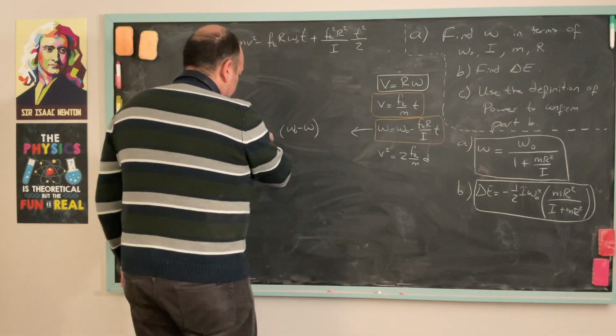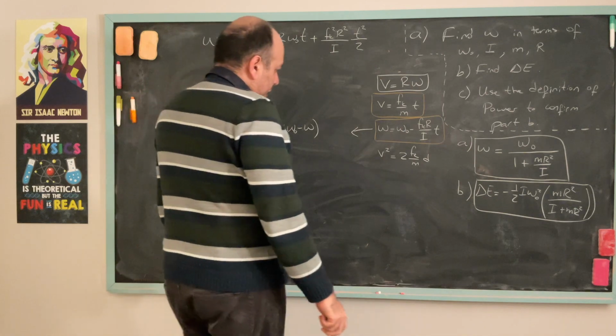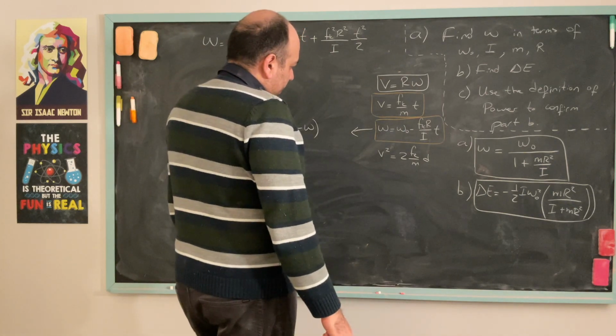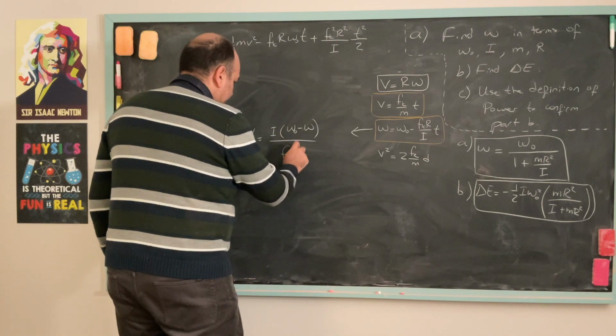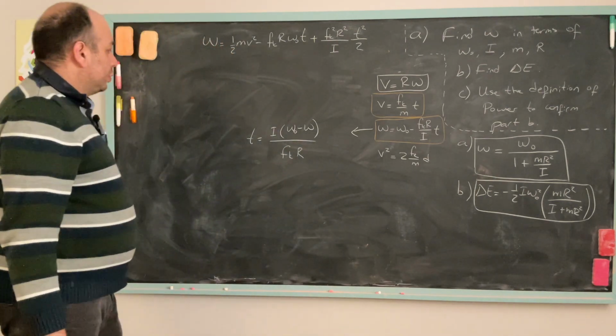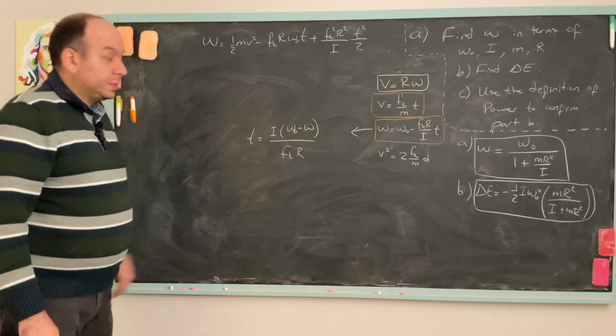Okay, so t is equal to (omega naught minus omega) times I over F kinetic times R. Wherever I see t, I'm going to put it.